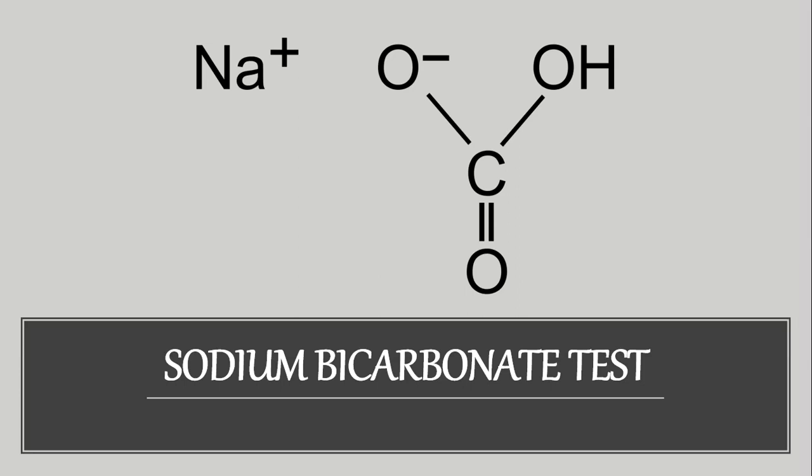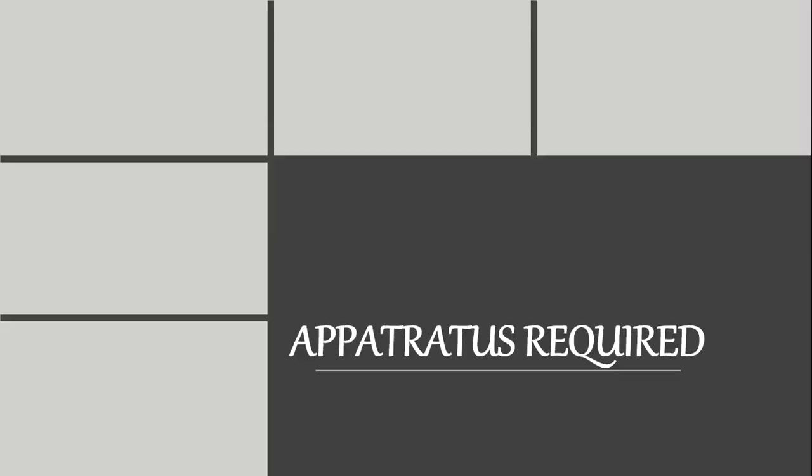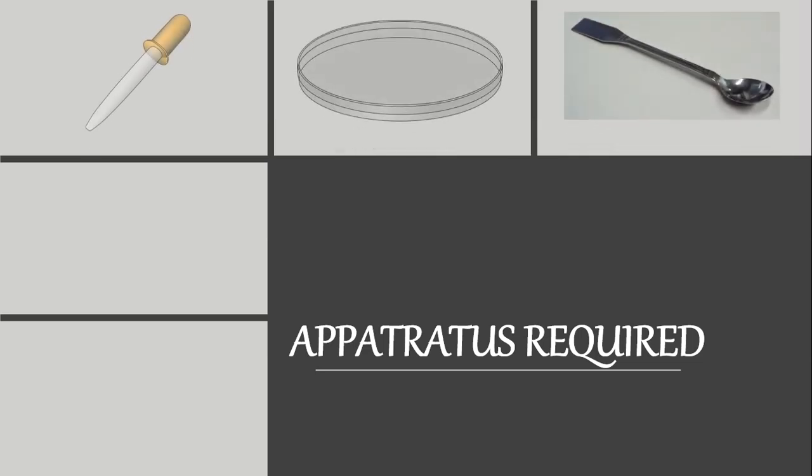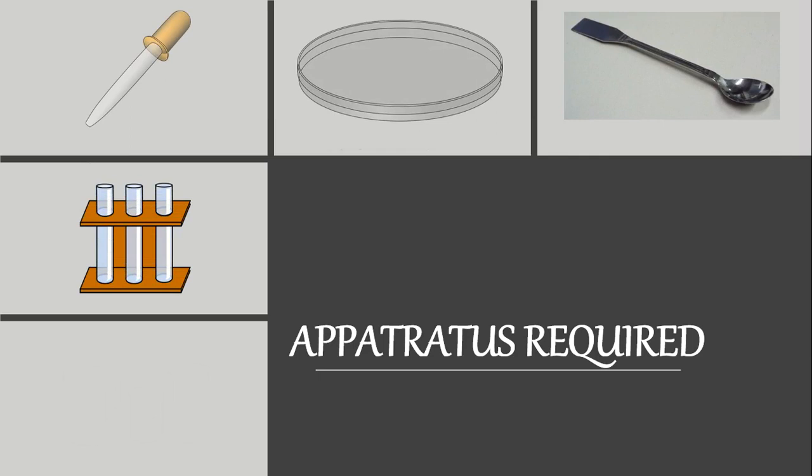Sodium bicarbonate test procedures and apparatus and chemicals are discussed here. First of all, the apparatus required for the procedure are spatula, petri dishes, dropper, a set of test tubes, and some beakers.